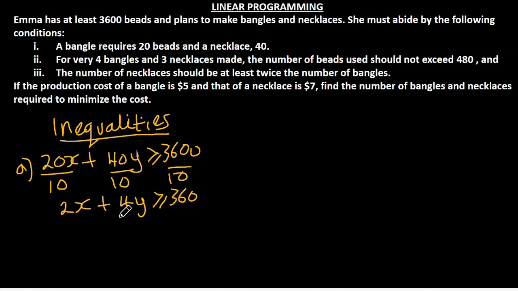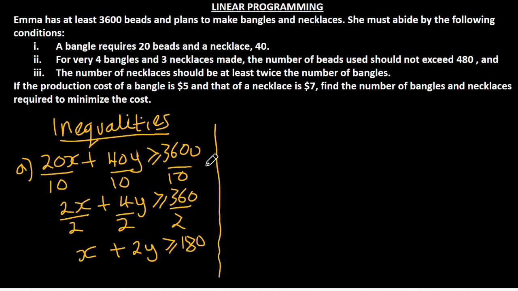Further, we can still simplify this by dividing by 2. So our simplified inequality becomes x plus 2y is greater than or equal to 180. That is the first of our inequalities.